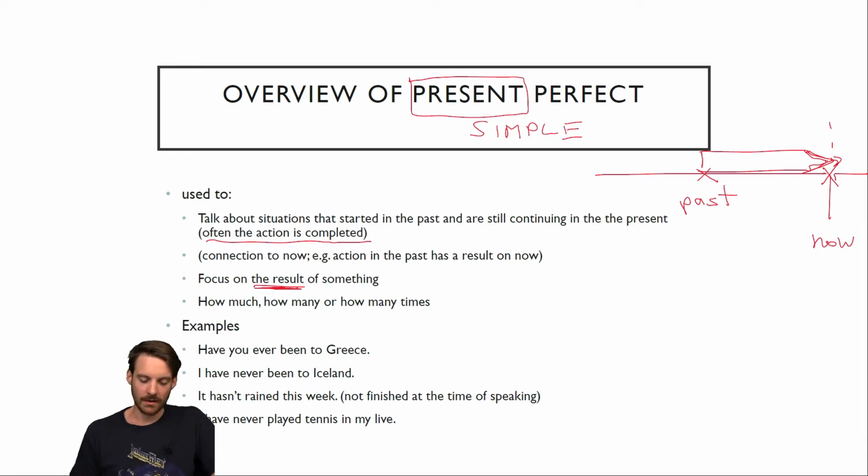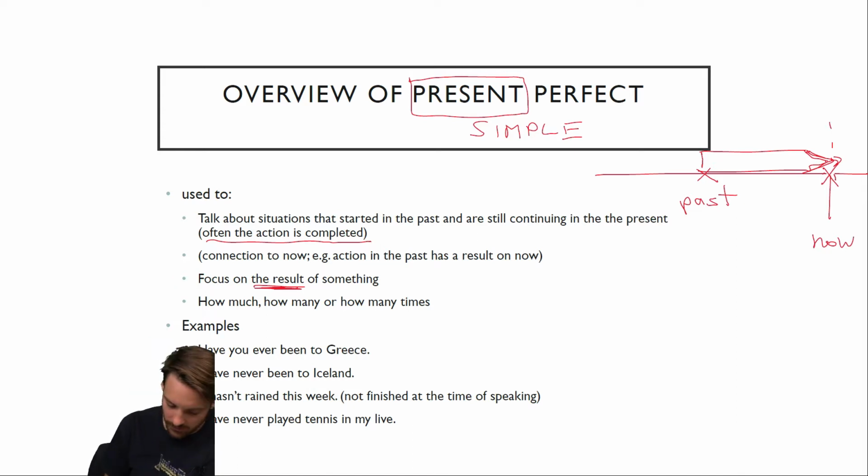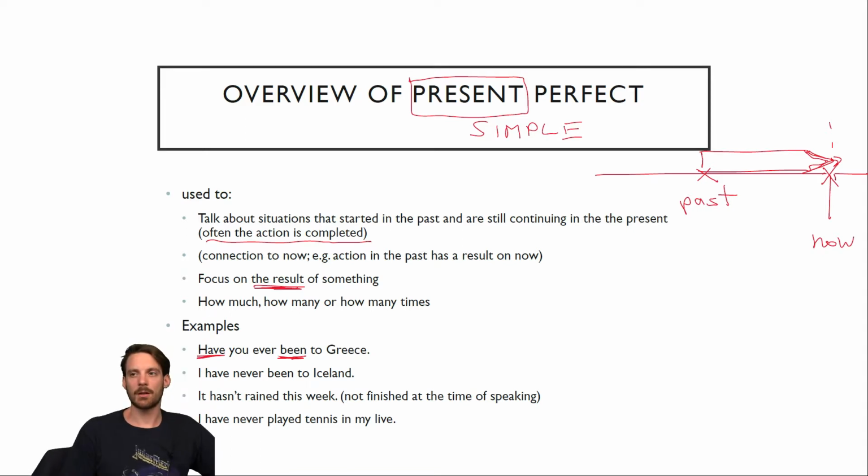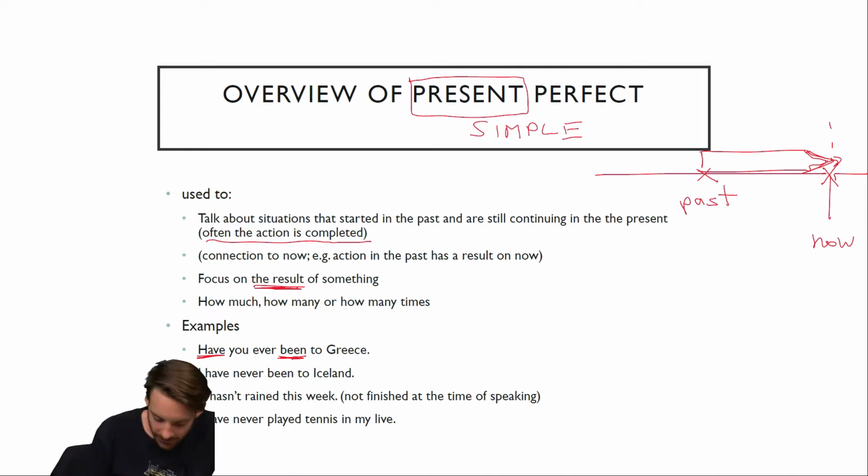Here, have you ever been to Greece? Have and been, of course, in this case been is the past participle of the verb be.